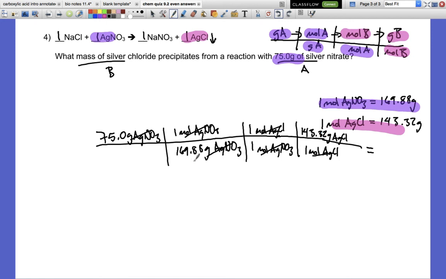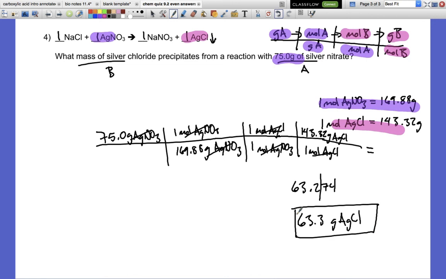I can ignore everything else because it's all ones. And I get 63.274-ish. I only need 3 sig figs, so I would round it to 63.3 grams of silver chloride. All right, so hopefully that helps out a little.